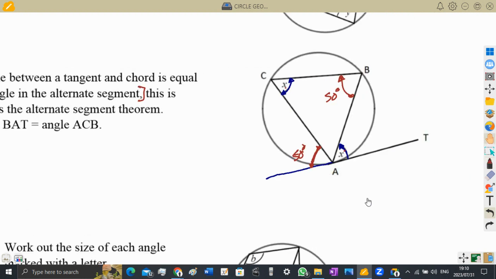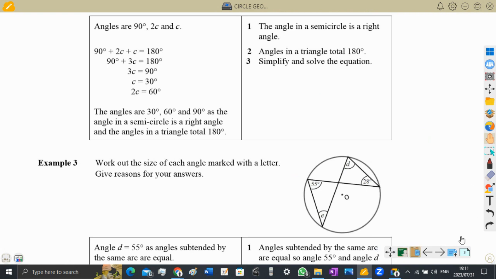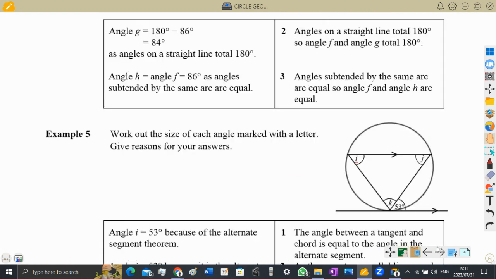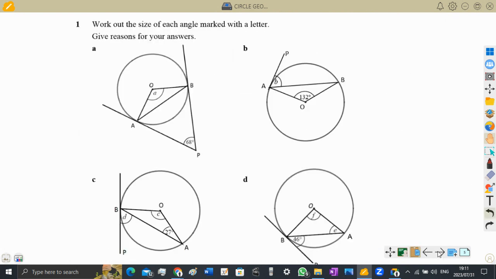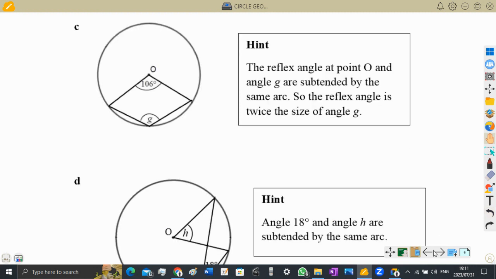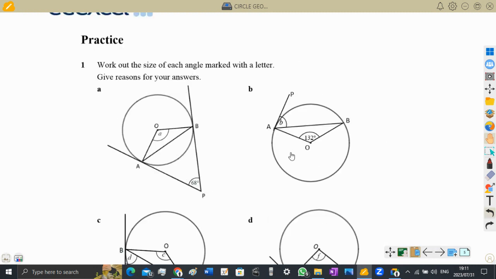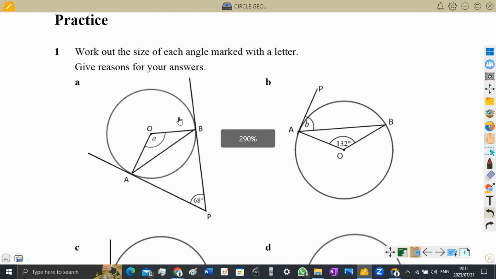I just want us to check one question which involves this part of a tangent, so that we clarify these tangents. If you check on this exercise, there are so many questions given here. Work out the size of each of the marked angles.